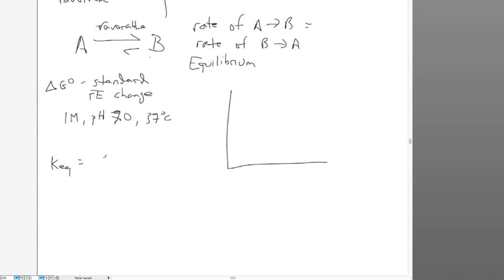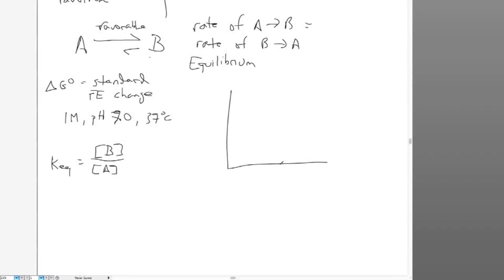So this is denoted as KEQ, and all you do is you take a reaction and you bring it to equilibrium, and you measure the concentration of the product, in this case B, divided by the concentration of the reactant, in this case A, and that's your equilibrium constant.